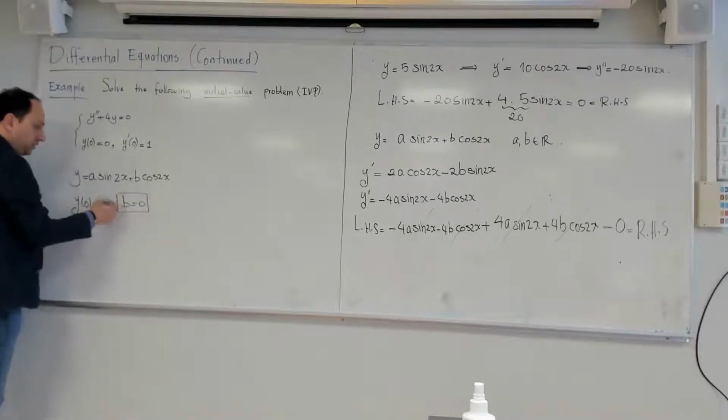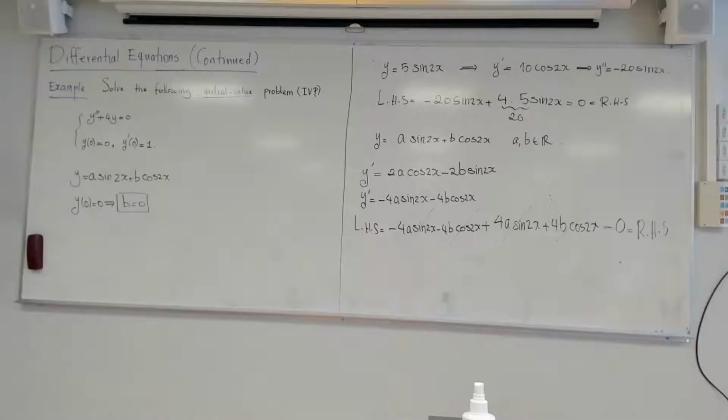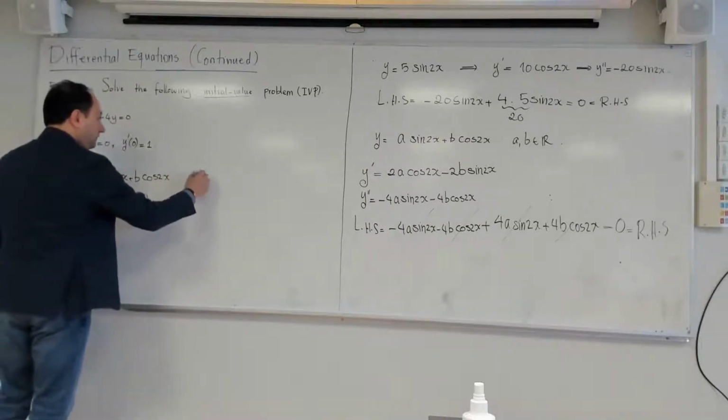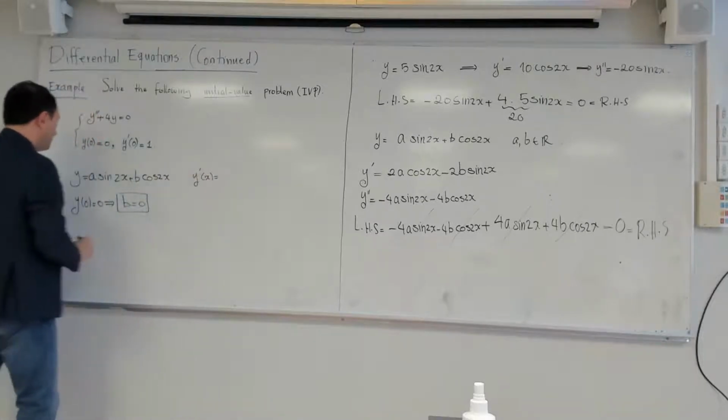If you don't understand, please let me know. Do you understand that b is 0? y at 0 is supposed to be equal to 0. It means that when I replace x with 0, the answer is supposed to be 0. This can only happen if b is equal to 0. And then the next condition: let me calculate y prime of x.